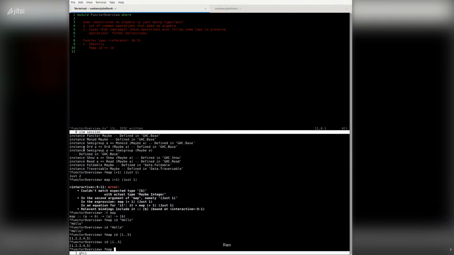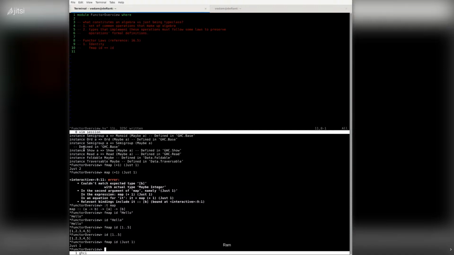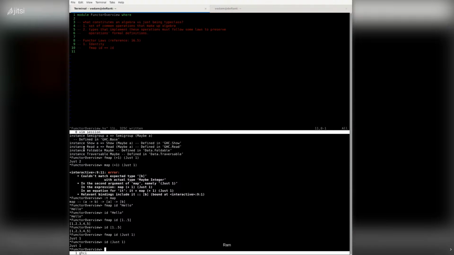If we try the Just type that we did earlier, fmap id on Just 1 gives you Just 1 as well. So this is consistent. You have to make sure that when you are passing the identity function and your structure to fmap, your implementation returns the same thing as if you were passing it directly to the identity function. All right, this is the first law.